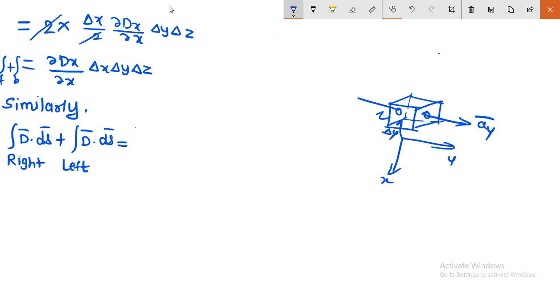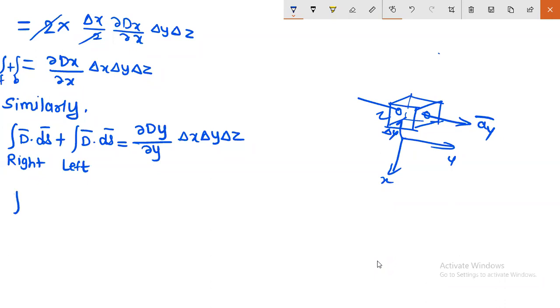Therefore, it is given as ∂Dy/∂y into again the same volume, that is delta x, delta y and delta z. Three terms will be common everywhere, only this partial differentiation quantity will change. Now similarly we can write for the top and bottom.